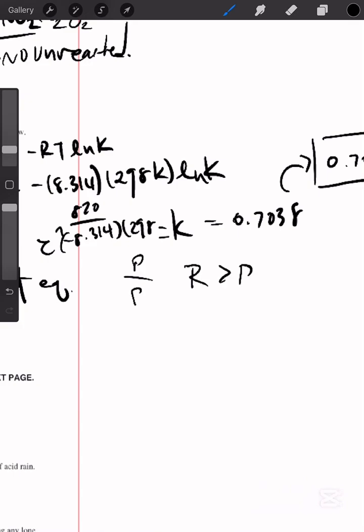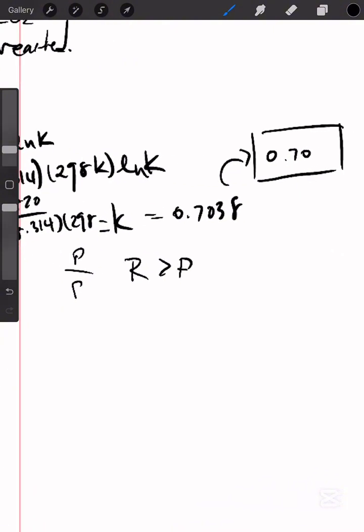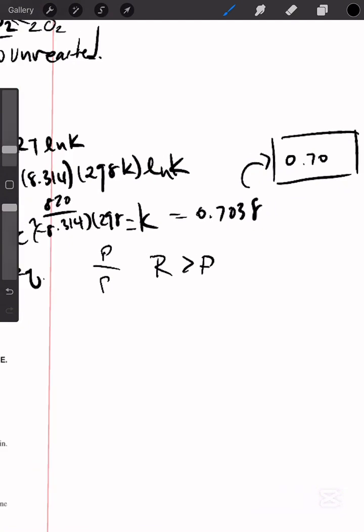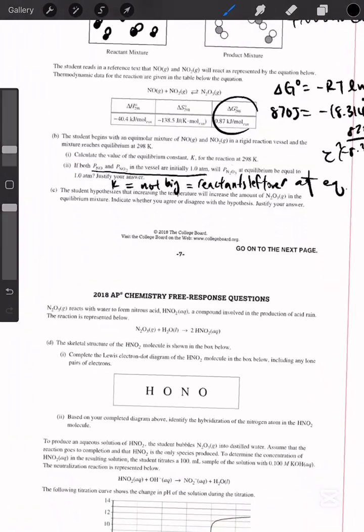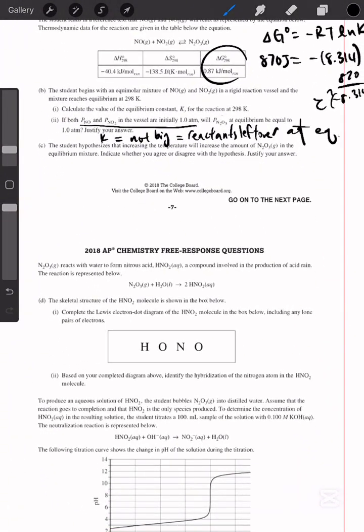So there's more reactants than products, which means that at equilibrium, the partial pressure of the products should not be equal to that of the reactants, because the reaction doesn't go to a point that makes it so that there's more reactants than products.